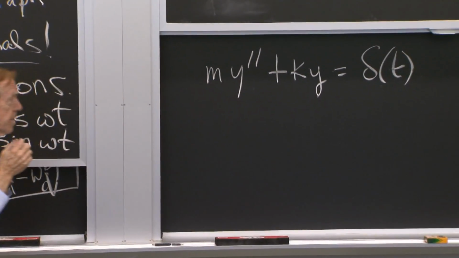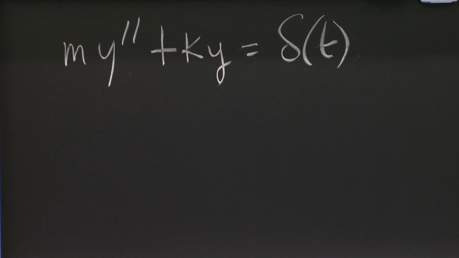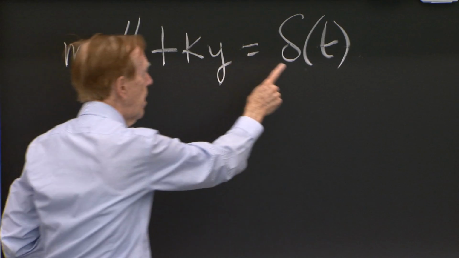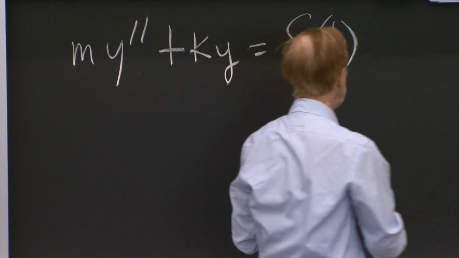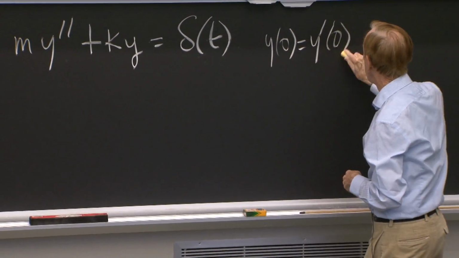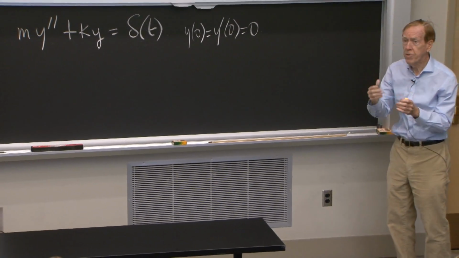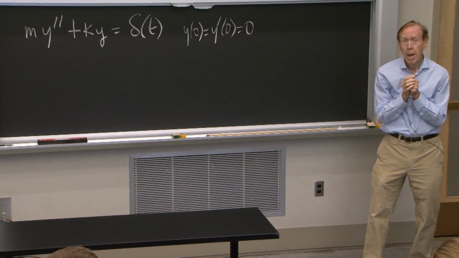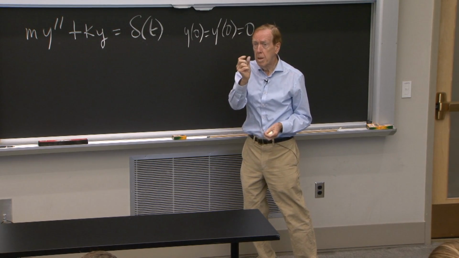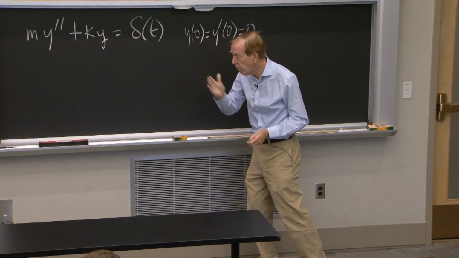The point is that this equation with a delta function force, starting from rest, say y of 0 equals y prime of 0 equals 0, starts from rest by hitting it. And that hit, that impulse, is in no time at all. It's not stretched out over 1 second.